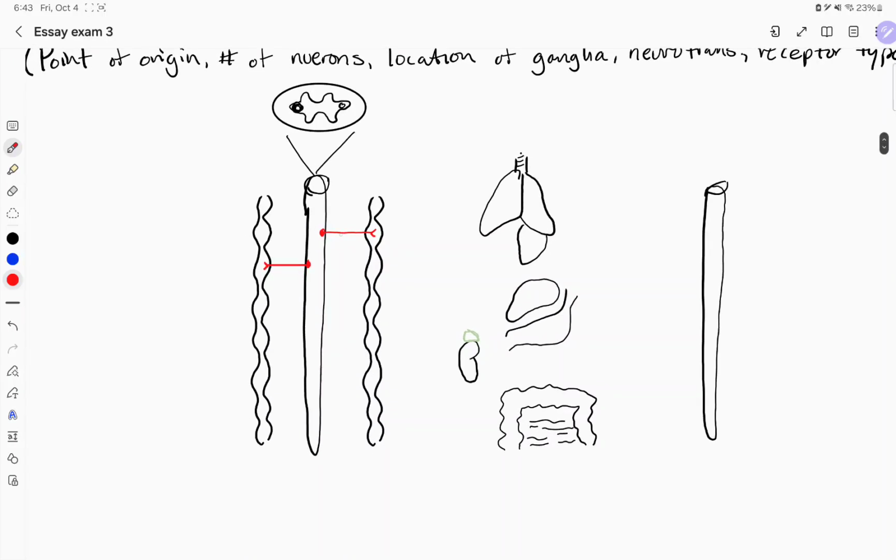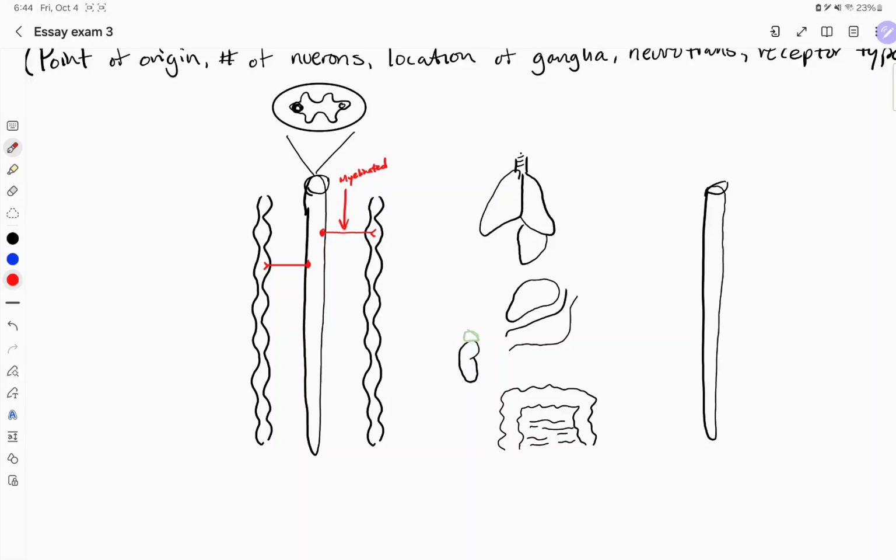And notice that these axons here are myelinated. I don't think I spelled that right. Myelinated. Oh goodness, there we go.